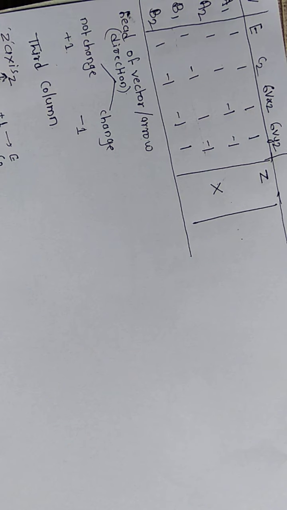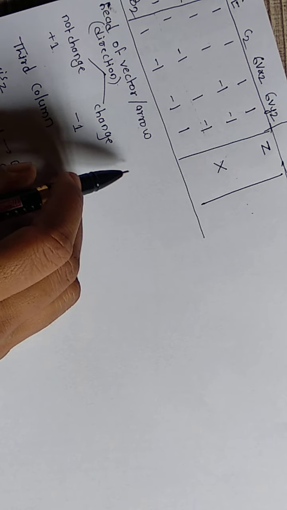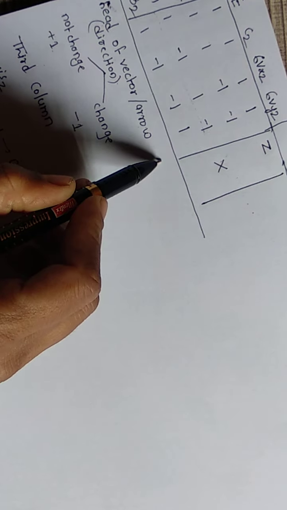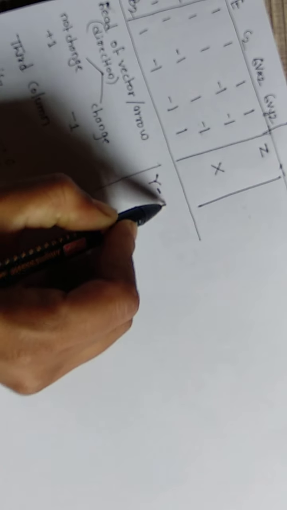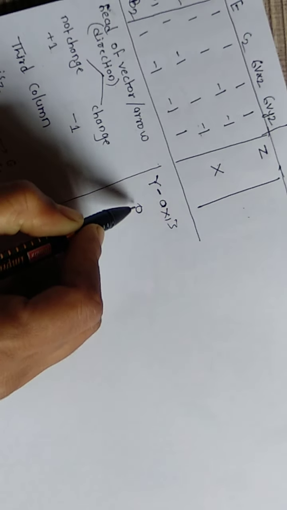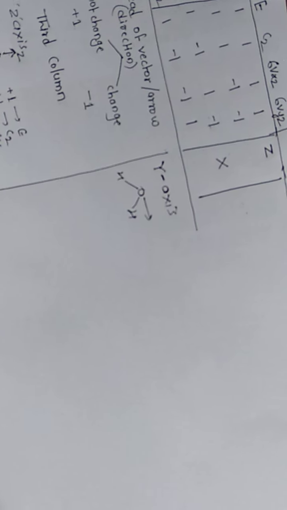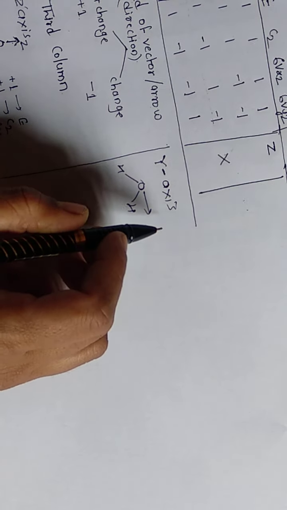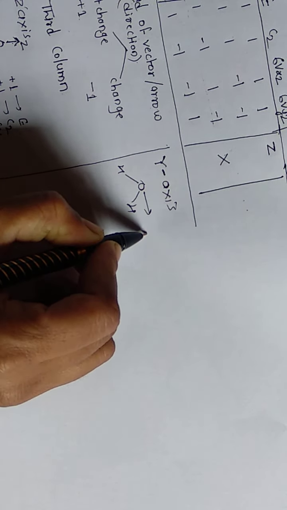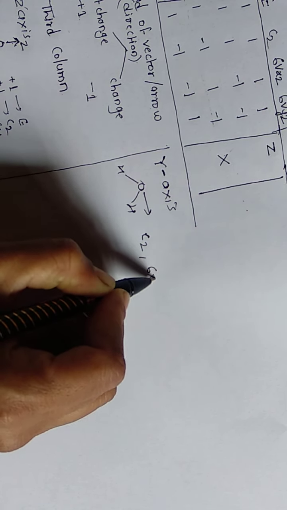Then we see the next vector, on the y axis. When we operate on the vector on the y axis, the direction changes for C2 and sigma v xz.